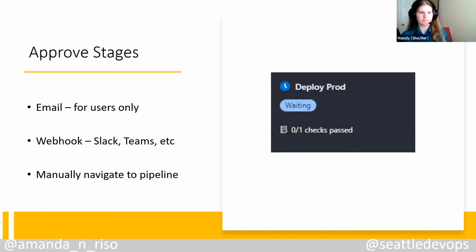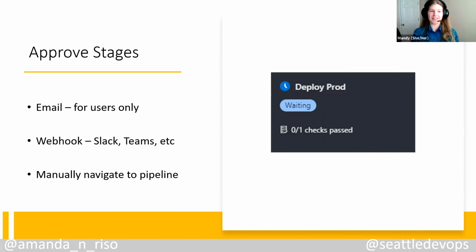Approve stages. If you only ever list users, all of them will get an email notification once that stage needs to be approved. If you're looking at groups, unfortunately, that still doesn't work. There's been an issue open since August 2019, and I've been following it since then, and it still hasn't been resolved.